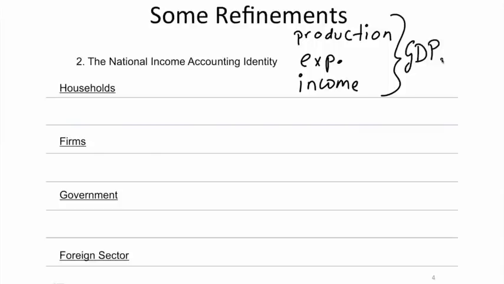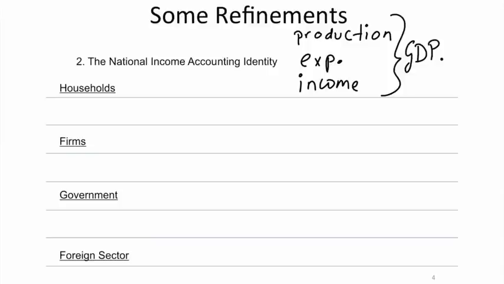And you'll soon get used to this idea, and you'll actually hear me in these lectures use those three terms interchangeably. Sometimes I'll talk about production, sometimes I'll talk about expenditure, sometimes I'll talk about income. It doesn't really matter which word I use, it all means GDP. And over the course of this subject, you will actually see how that national income accounting identity is used over and over and over again as we explore issues in macroeconomics.